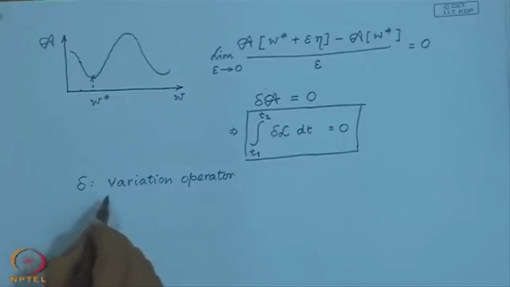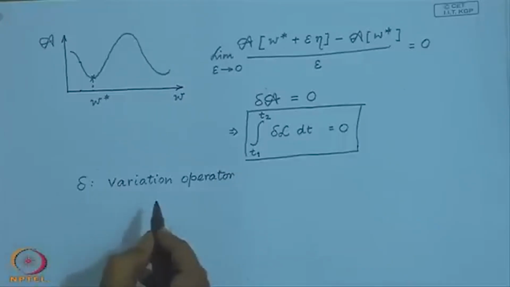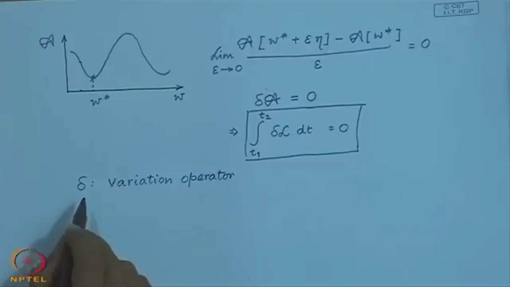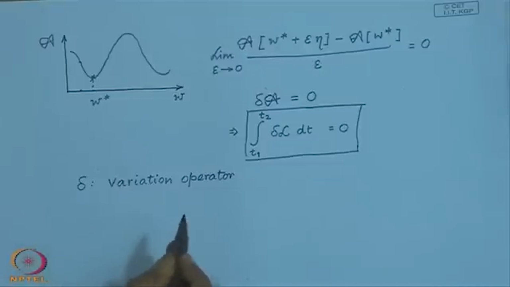It is very similar to a total derivative operator, except that it does not differentiate time. So, time is frozen. So, when this operator is applied, it is assumed that time has been frozen.